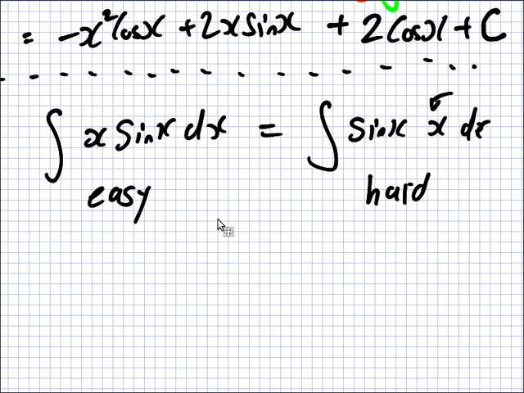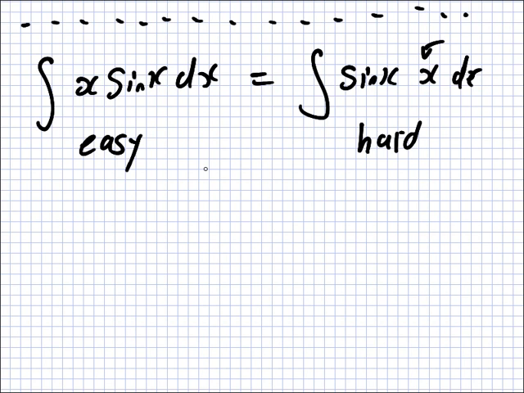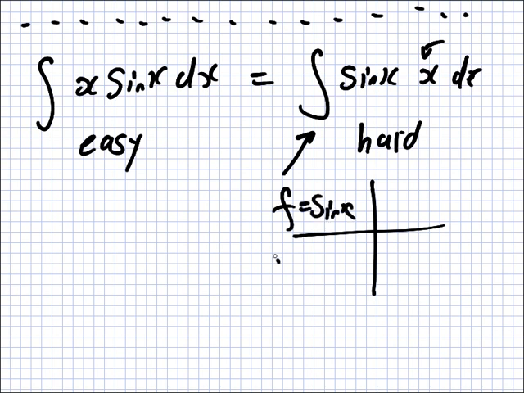Can I scroll down to here, is this okay? So, let's look at this. If we were to use the formula here, f is sine x, f derivative is cos x, g derivative is x, and g is x squared over 2.